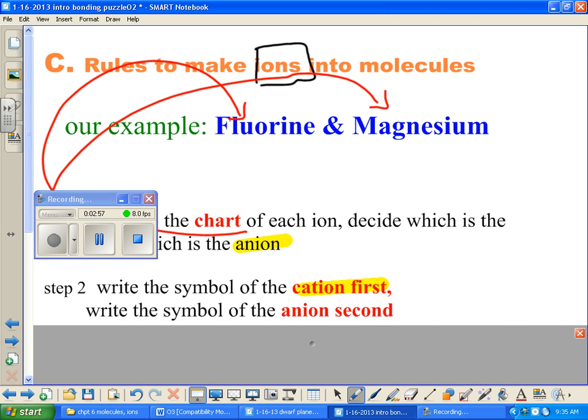And when you read from left to right, it just kind of makes sense that we're going to write magnesium first. We're going to leave a little space, big plus sign, and then leave a little space and write fluorine second, because cations first, anions second. The same order, left and right. You'll see them on the periodic table.